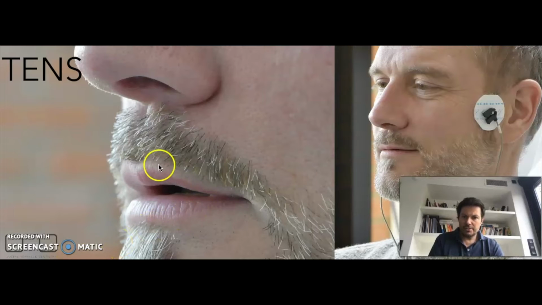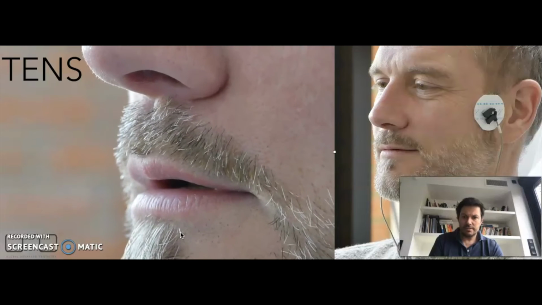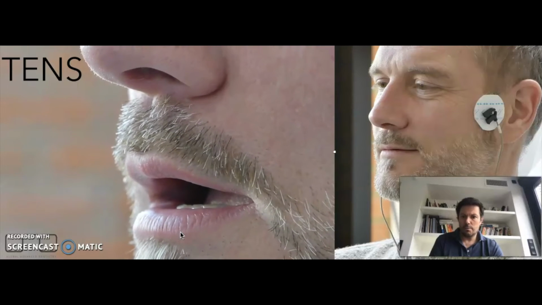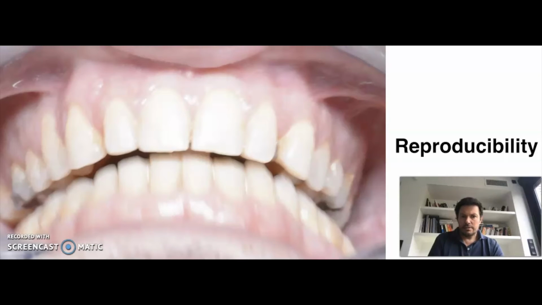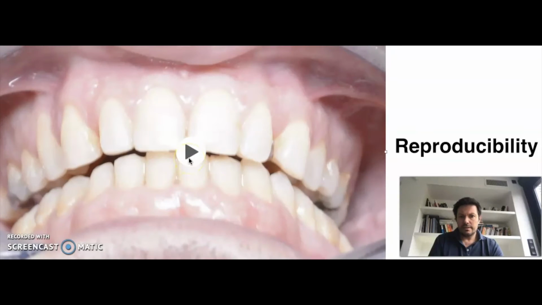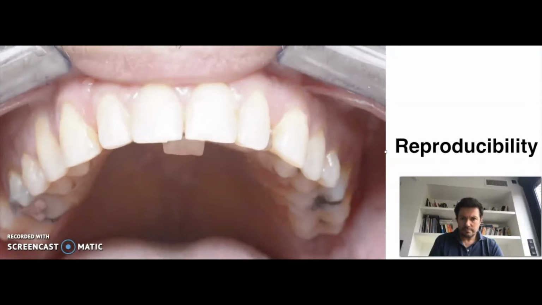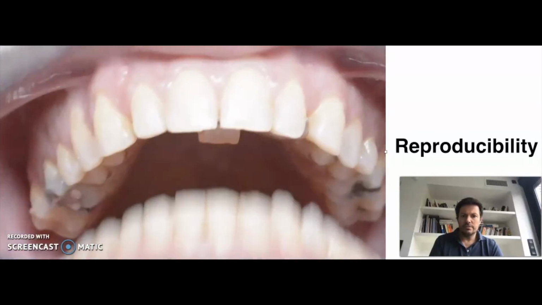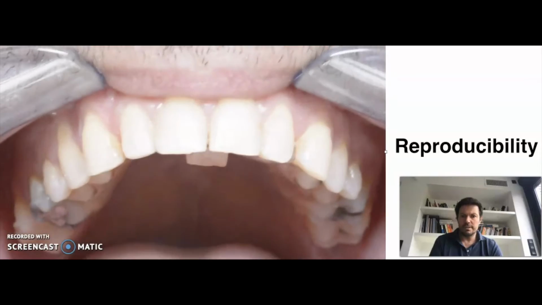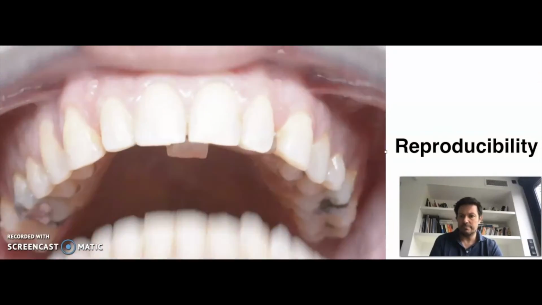So come back to the patient. We have our patient and we use the TENS, so he relaxes for 1 hour, and after 1 hour I place the COIS in the mouth and we ask the patient to open and close, and we have reproducibility. And this is so important to have reproducibility at this time.